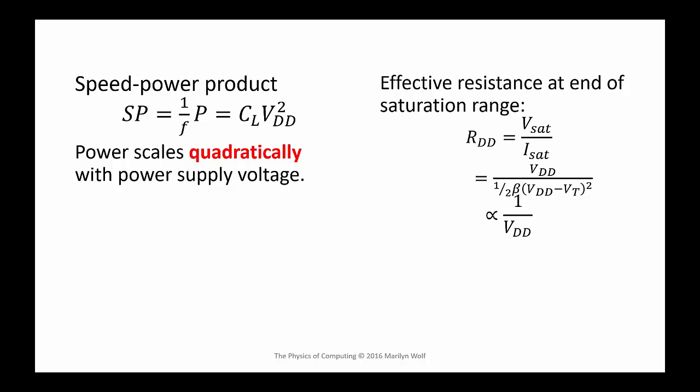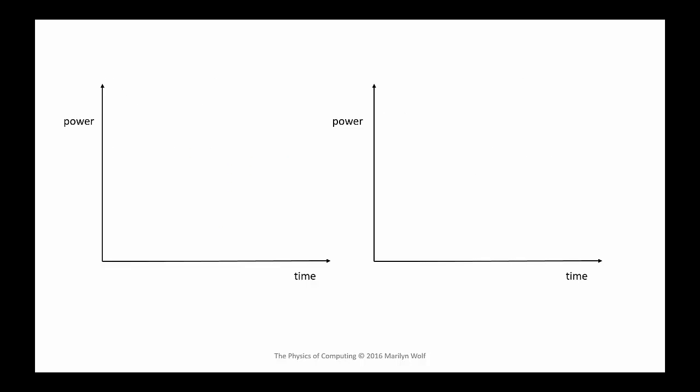So we see that delay is proportional to 1 over the power supply voltage, which means that as we reduce the power supply voltage, power consumption goes down faster than we lose performance.